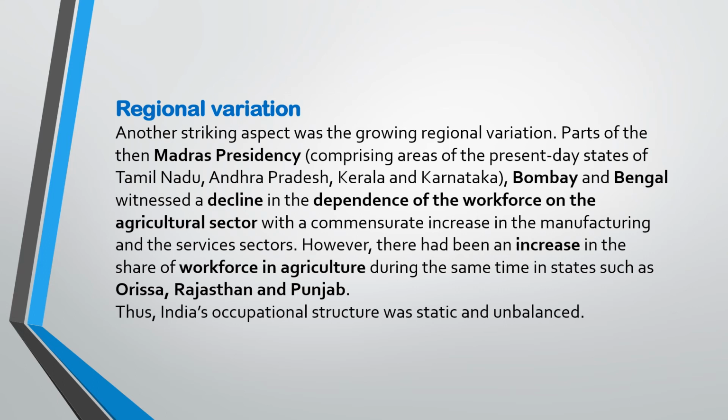How the percentage: 75%, 10% and 15%. So okay, you have to write like this. That is the reason for staticness and unbalanced. You have to write the regional variation. So if the question is why India's occupational structure was static and unbalanced, your answer will be you have to write these two points and explain it. Clear, students?